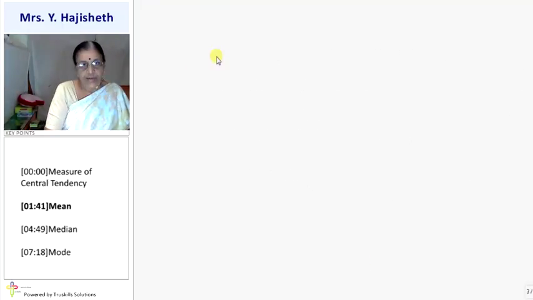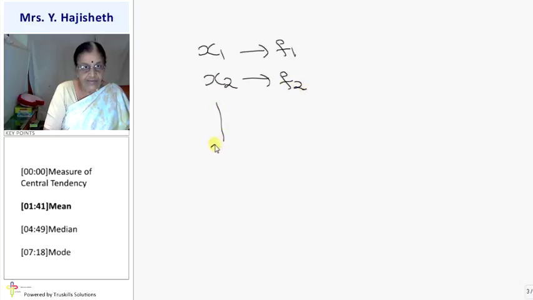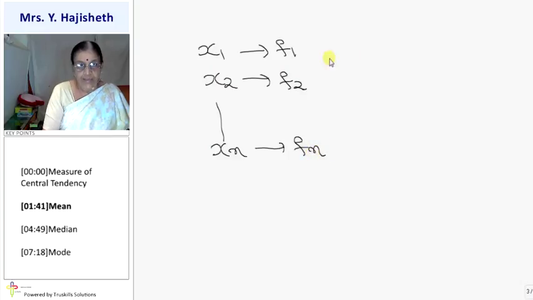Suppose your data is x1 occurs f1 times, x2 occurs f2 times, मतलब these are the frequencies, and xn occurs fn times. Then the total of the f1 observations is f1 x1, each having value x1.